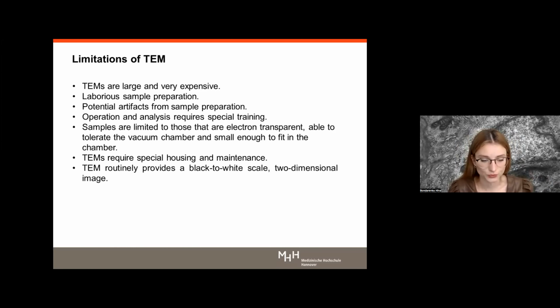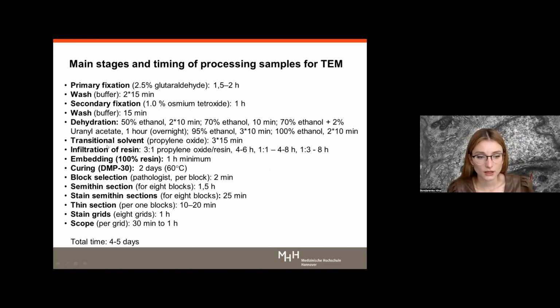Yes, that's true. And what about the main stages and timing of processing a sample for the TEM? So in my lab, this usually needs 4 or 5 days for preparation, because we have different stages, different steps for sample processing, starting from primary fixation in glutaraldehyde. We don't use formaldehyde for this reason.